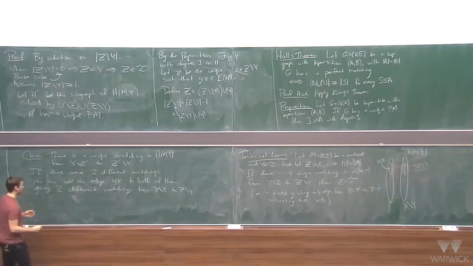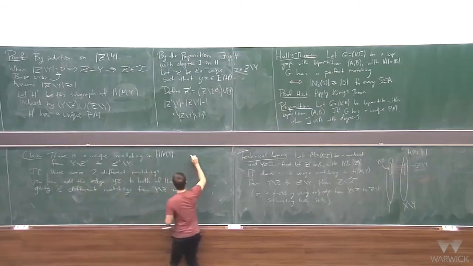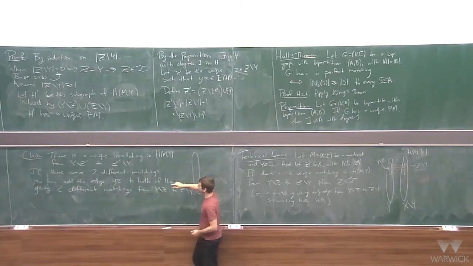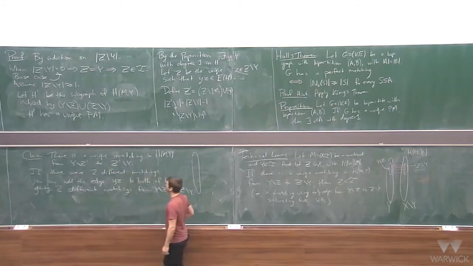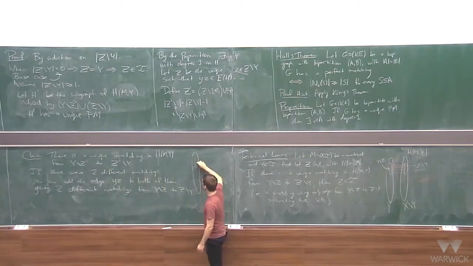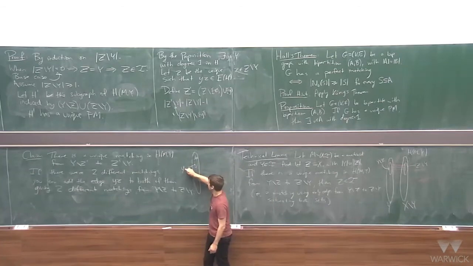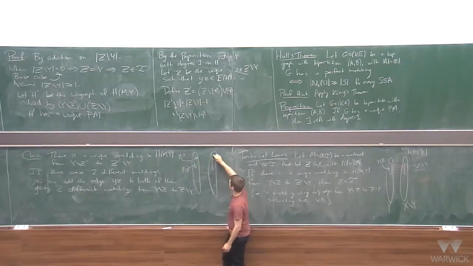Okay, so the point here, the picture is like, what is Y minus Z prime? It's the same thing as Y minus Z, except that it doesn't contain this vertex little y. So this bottom part here is Y minus Z prime. This thing is Y minus Z. I know this picture is not so easy to see.